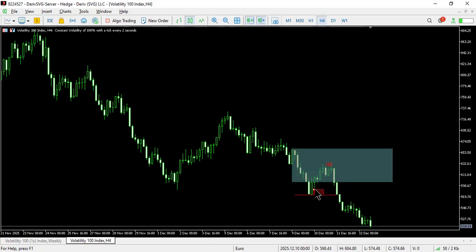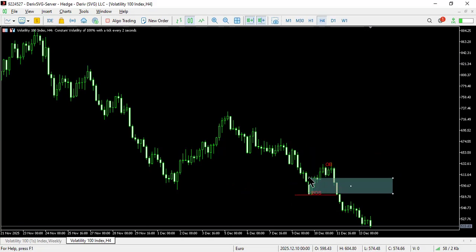And then the order block which caused that break of structure is that one, from the 4 hours time frame.